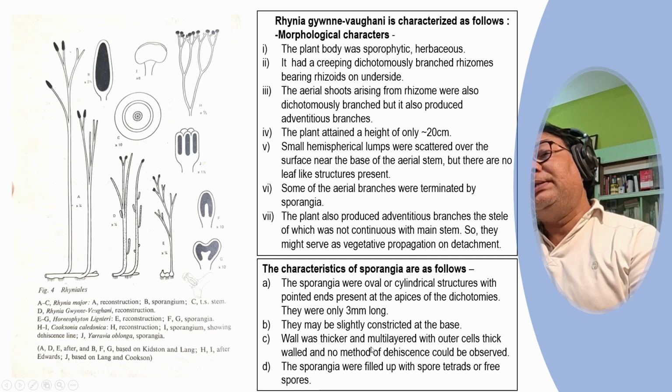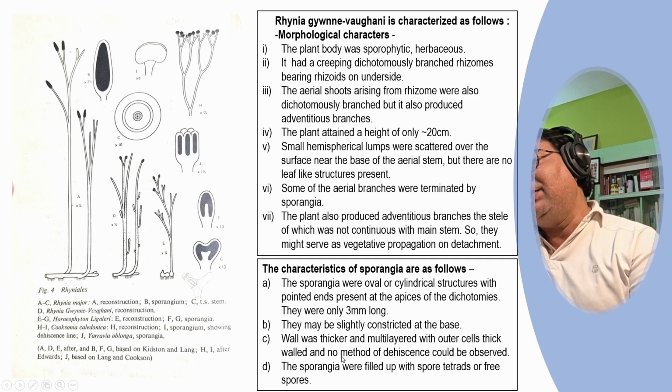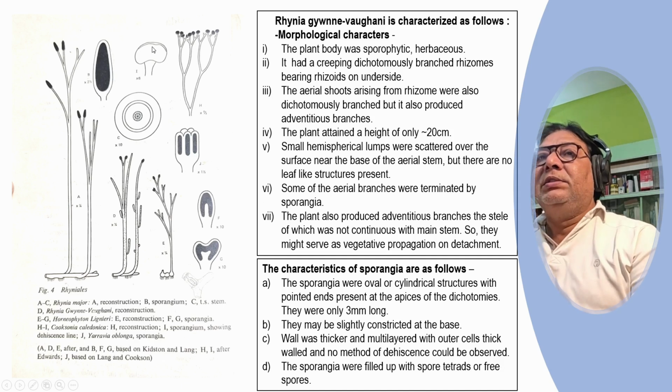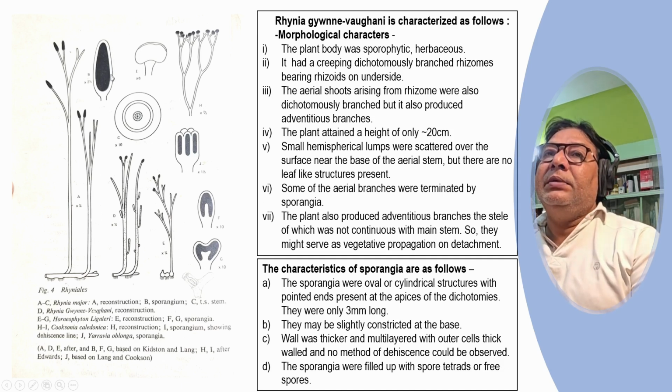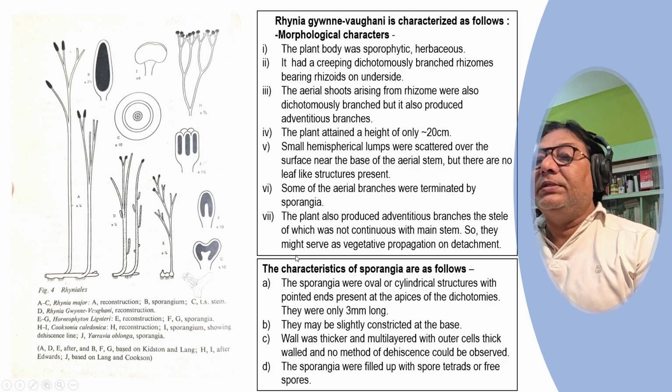The wall was thicker and multilayered, with outer cells thick-walled, and no method of dehiscence could be observed. There was no slit anywhere on this, so it may be imagined that there was no predetermined line of dehiscence. It used to disintegrate at the time of dehiscence.